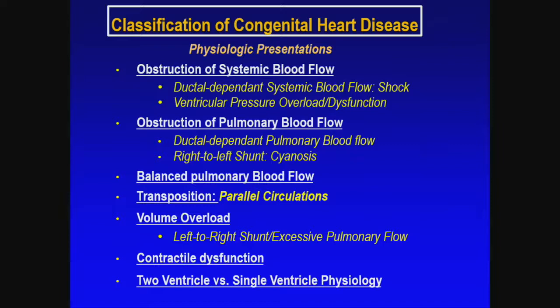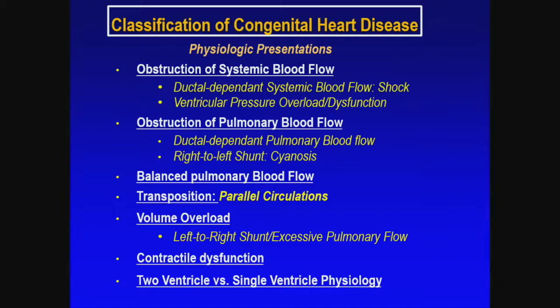Obstruction to the pulmonary blood flow or ductal-dependent pulmonary circulation, you have right to left shunting, and that's what causes cyanosis. See, we always think about cyanosis as a result of decreased pulmonary blood flow, but typically it's not because of decreased pulmonary blood flow, it's because of the shunting, right to left shunt, the mixing of the blood that causes cyanosis.